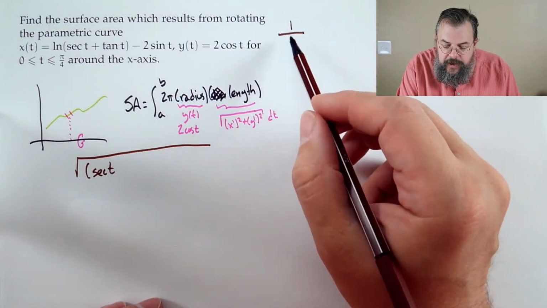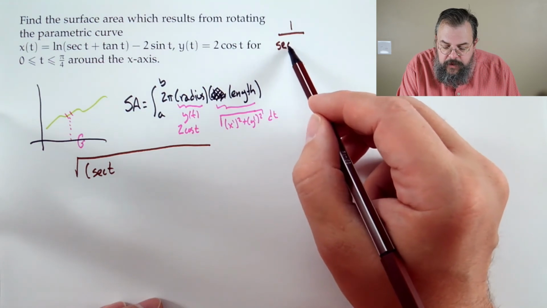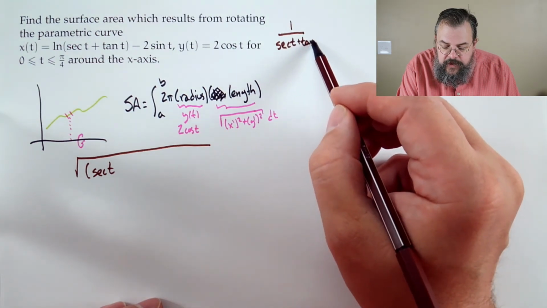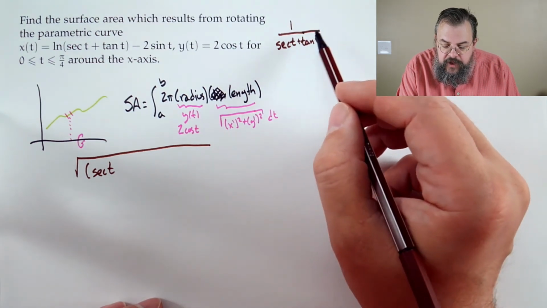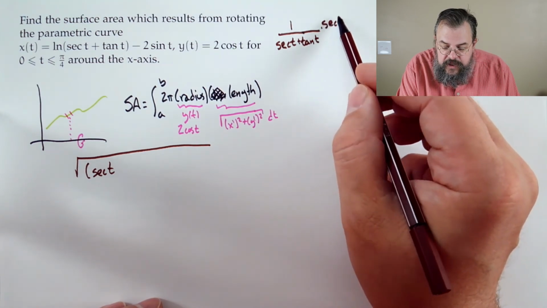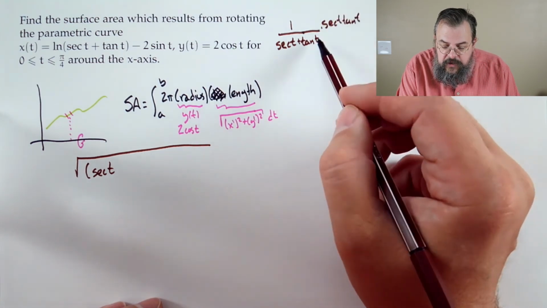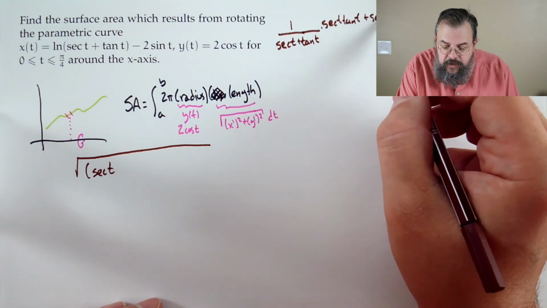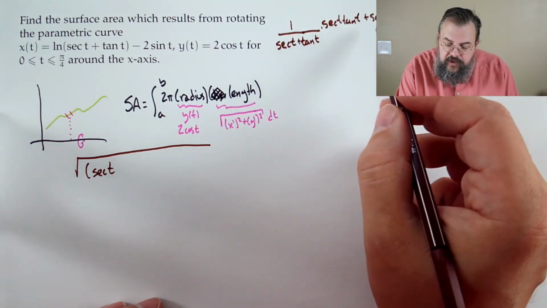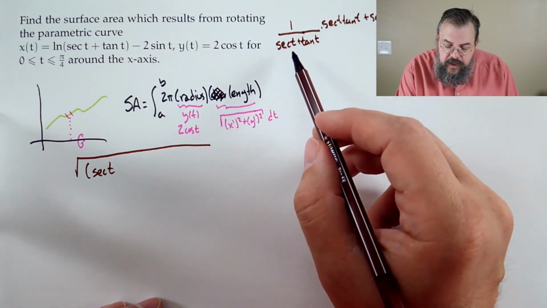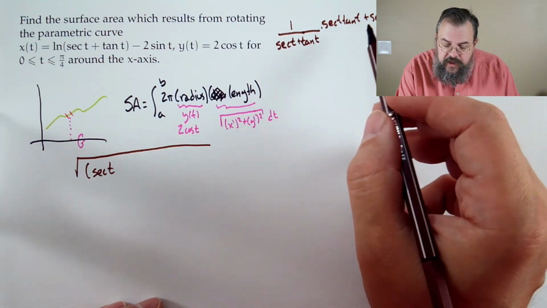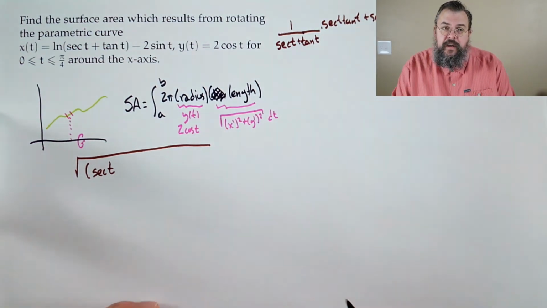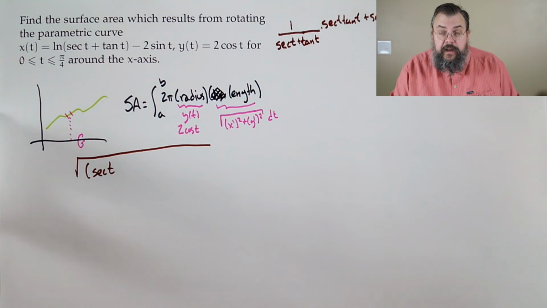The derivative of log of something is 1 over the inside, so 1 over secant t plus tangent t, times the derivative of secant, which is secant tangent, plus the derivative of tangent, which is secant squared. Now if you pull a secant out of the top, you're left with a tangent plus secant, which cancels with the tangent plus secant downstairs. So it works out. That's why the derivative gives you secant.